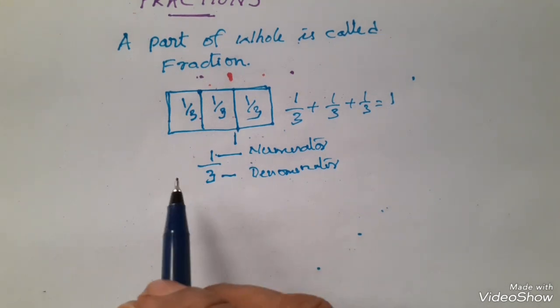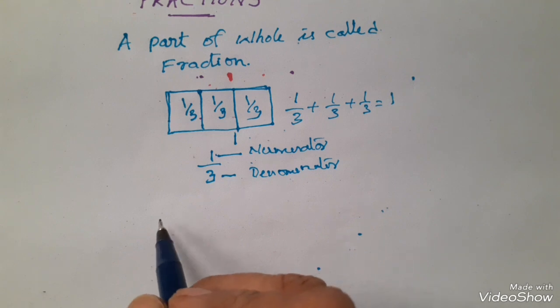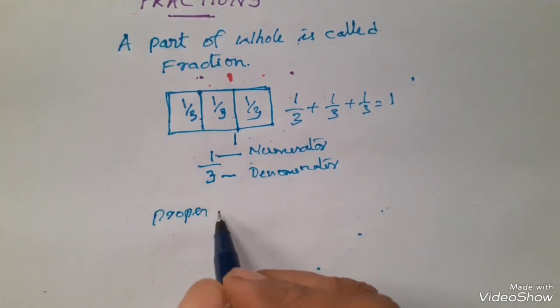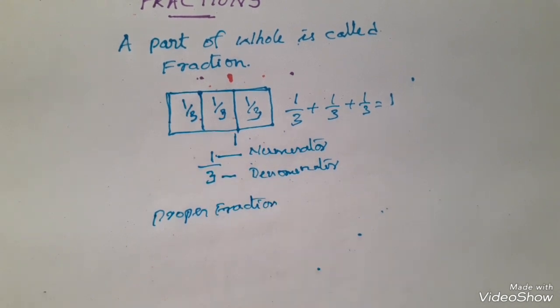Next, now how can we classify fractions? The first one is a proper fraction. Now what is a proper fraction? For example, you take 3 by 5.